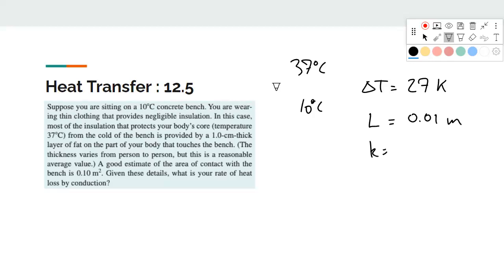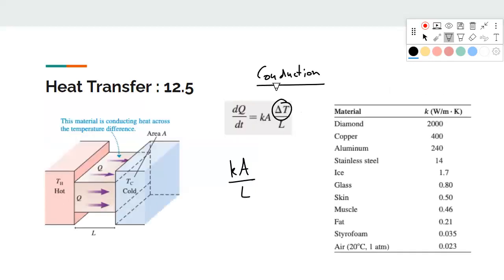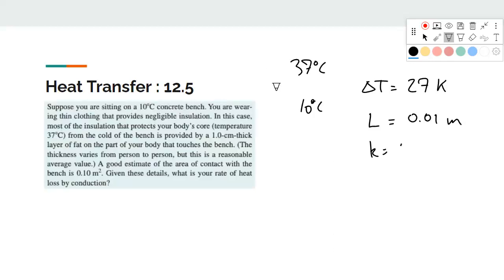And then we should go look up the K value for human fat. So it's 0.21, and that's in units of watts per meter Kelvin. And then lastly, we have some area. The area of contact, basically the area of your butt, is roughly 0.1 square meters. And so you can see that we can just plug these things in, right? We don't have to really do much in these problems generally.